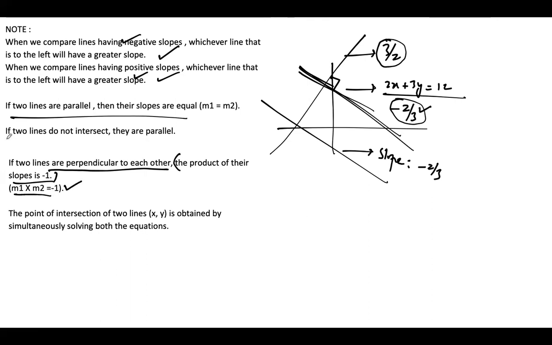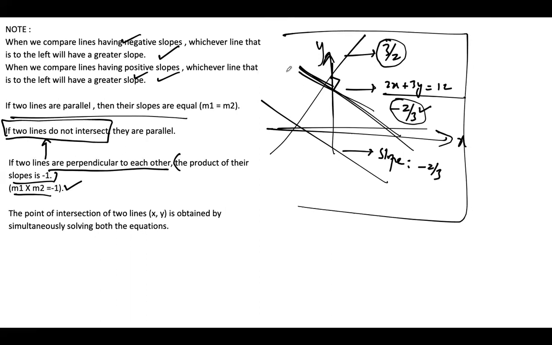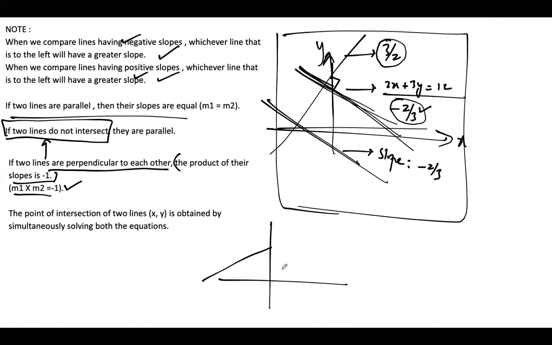If in the question it is given that the two lines are not intersecting and they are in the same plane, so mostly we'll talk about x, y. This is which dimension? 2D, right? Two dimensions. So we are not talking about three-dimensional figures. So if two lines are not intersecting here, they'll be parallel. Nupur, let me ask you, let's say this is one line and this is another line.